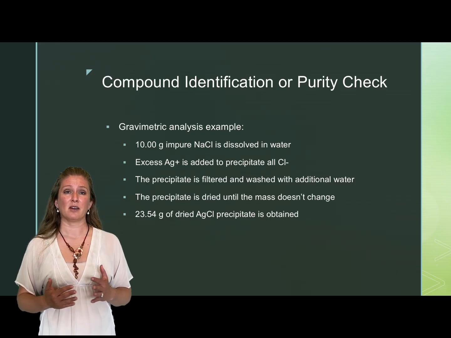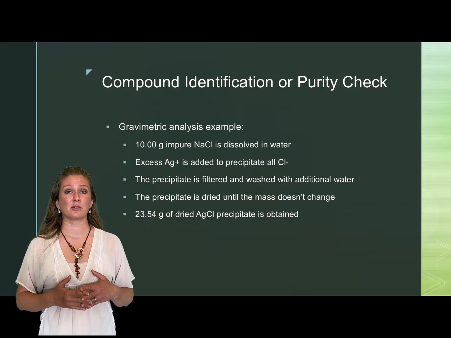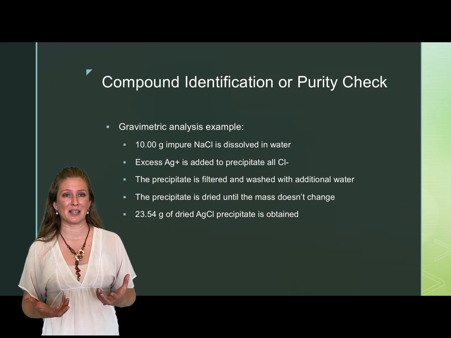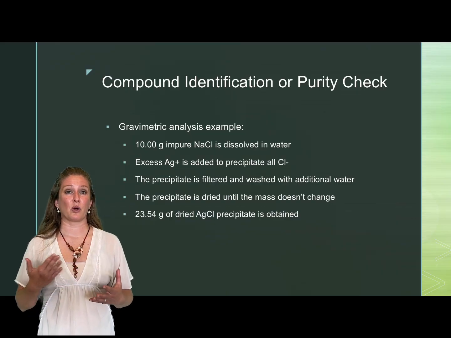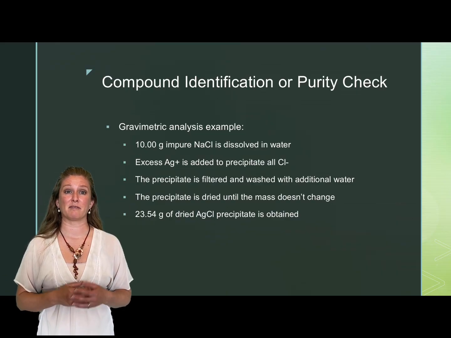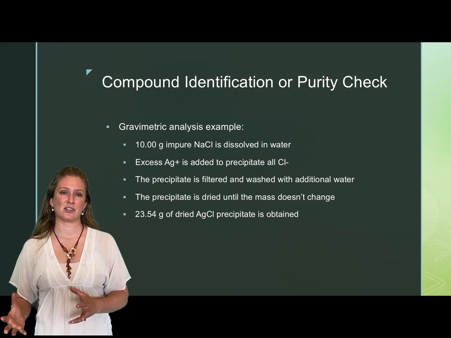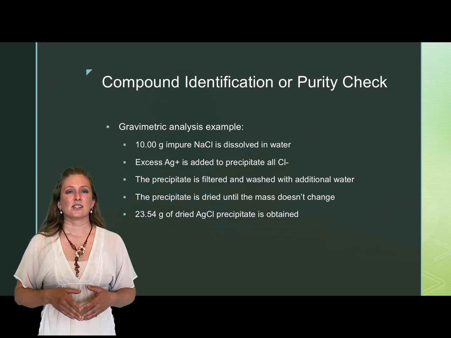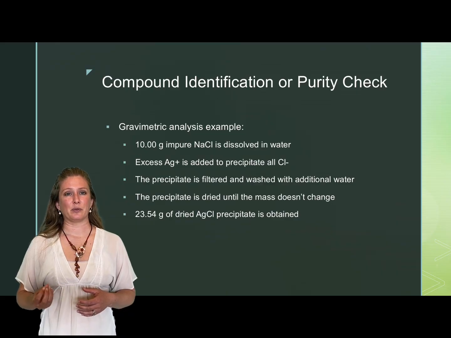Most of the time when you are asked about the purity of a sample, you're going to answer that with some sort of gravimetric or mass analysis information that needs to be determined. So here's an example of how that could work.